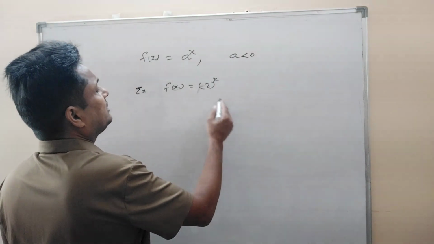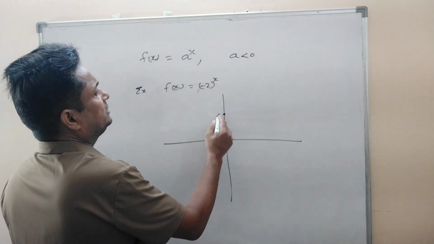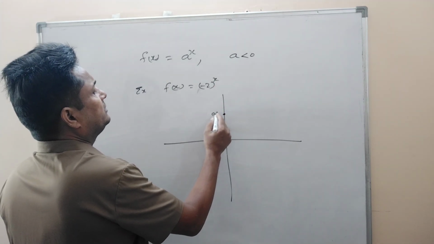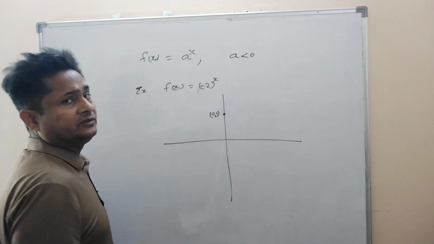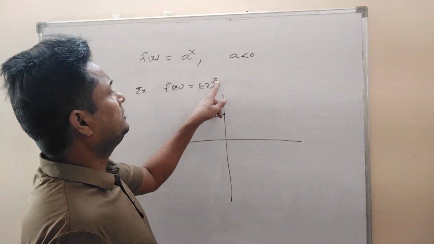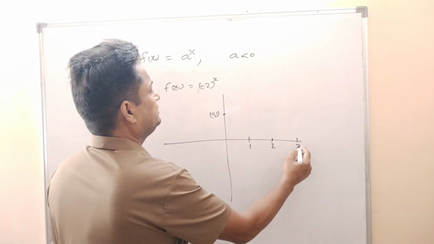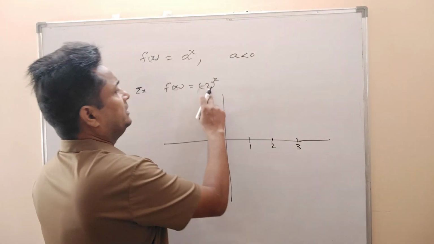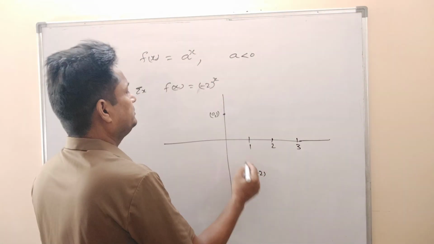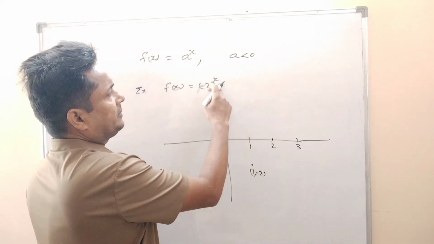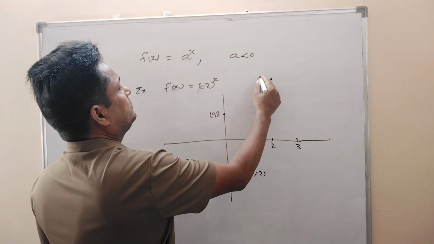If you draw the graph, if you put x equal to 0, it will be the point (0, 1). If you put x equal to 1, y is equal to -2, so the point is (1, -2).